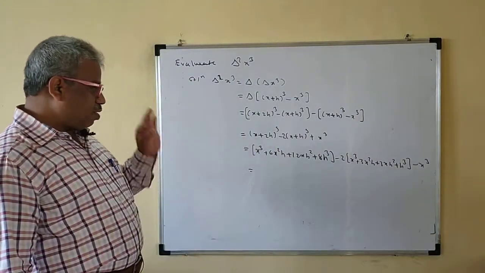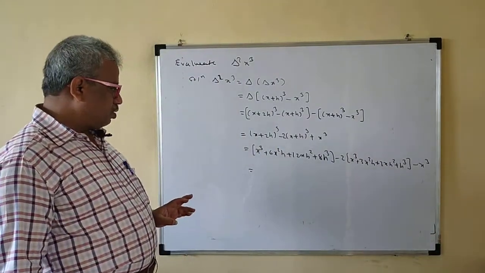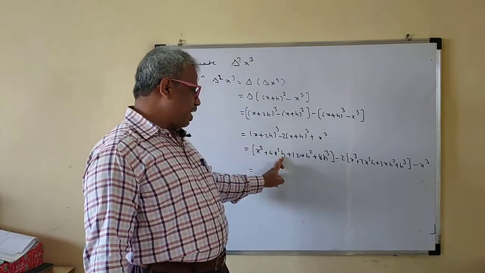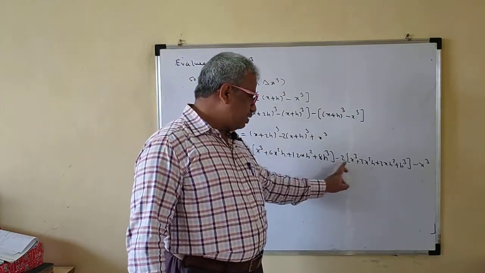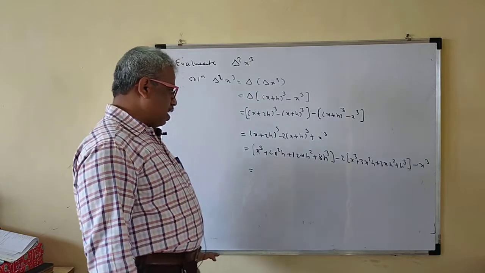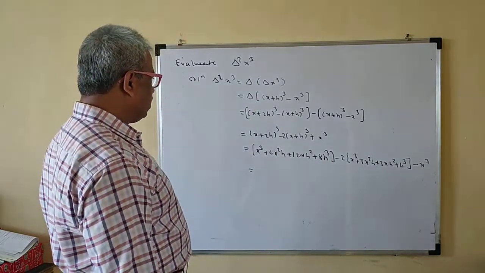We will collect a term of x square now. Collect it. This is 6x square h. This is what? Minus 6x square h minus 6.